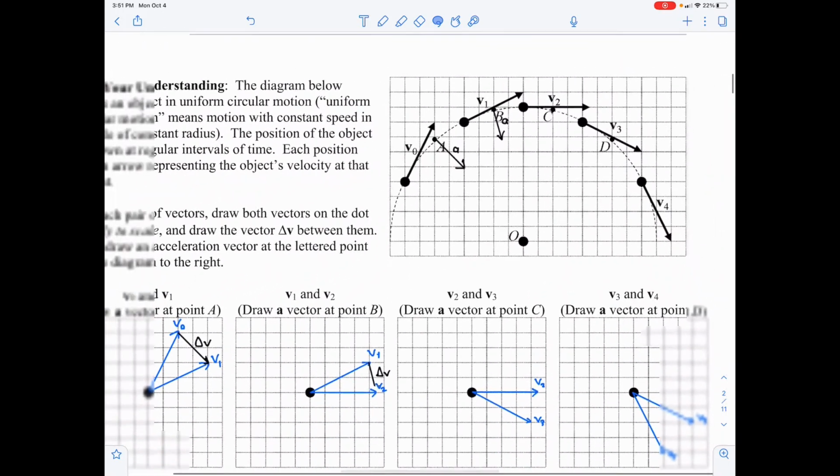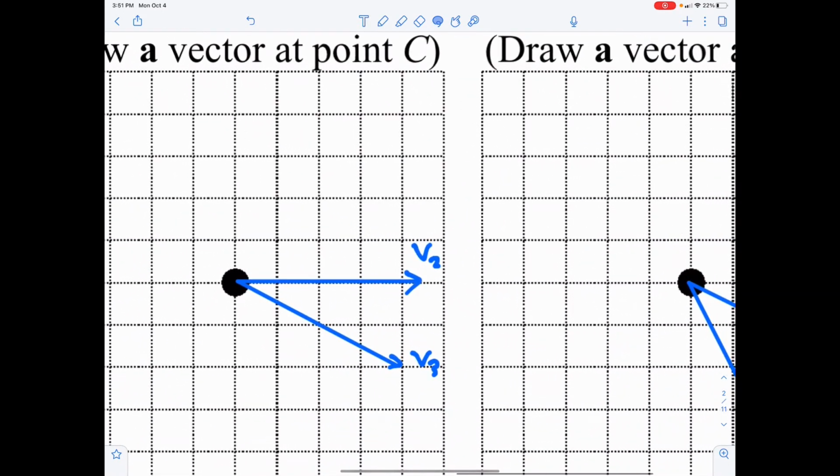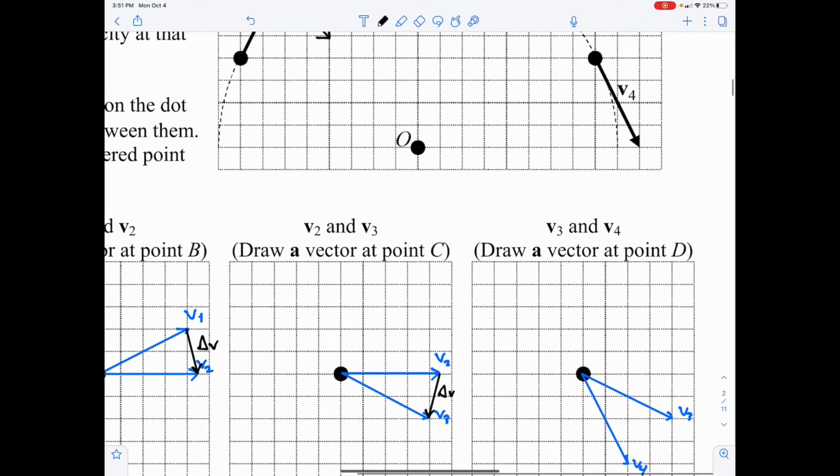At point C, you can see kind of looks as though it's going a half a unit to the left and maybe 2 down.